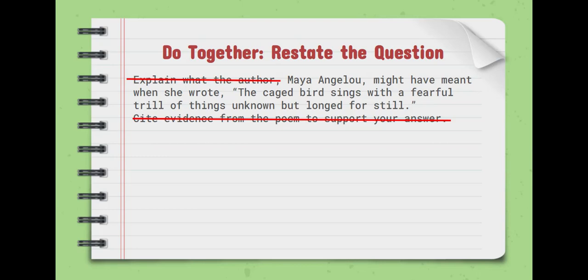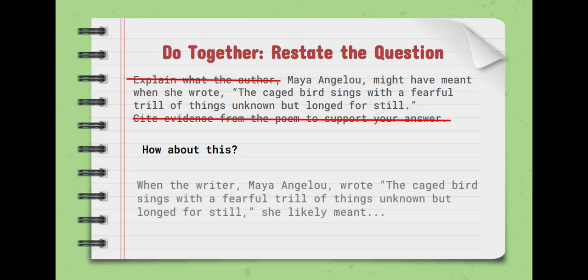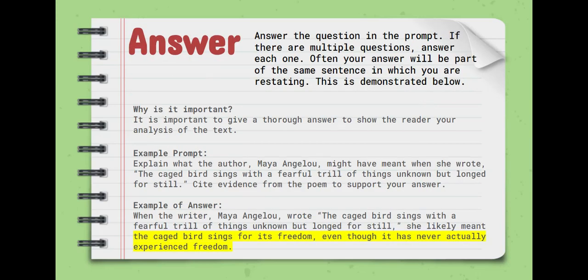Now, if you want to jazz it up with some more words, totally cool. So here's what I came up with. When the author, Maya Angelou, wrote, "The caged bird sings with a fearful trill of things unknown but longed for still," she likely meant... So you're saying the question again without the question words. Let's move on to the next part.